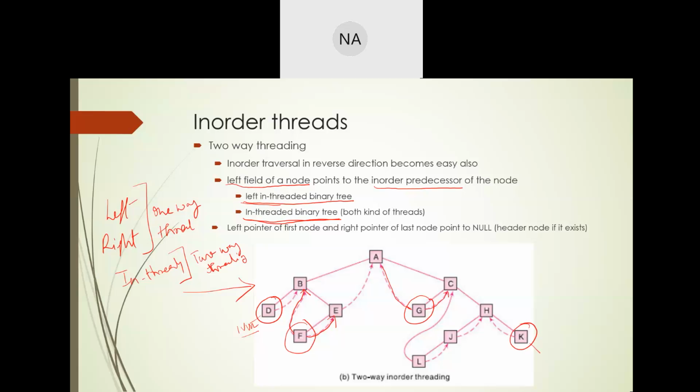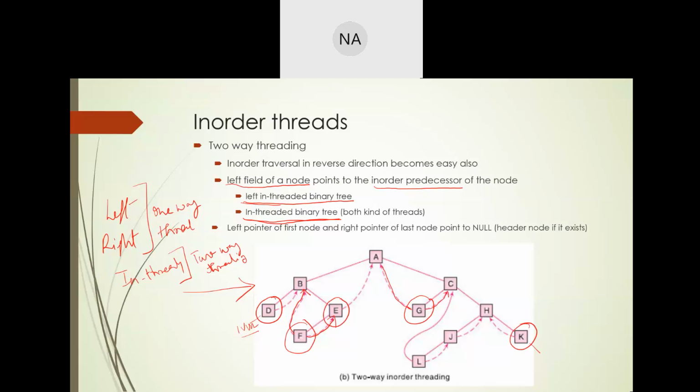Backtracking is required when you reach a node which does not have a right subtree. In that case you must backtrack and go to the previous node. So in those scenarios you require the in-order successor, or the in-order predecessor if you are traversing in the backward direction, right?